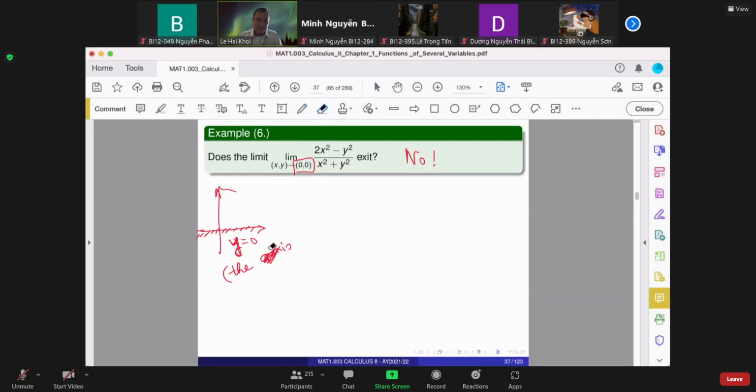The x-axis, I should write. So here should be the x-axis, which means y equal to 0. In this case, f(x, y) is 2x squared minus 0 squared over x squared plus 0 squared, which is 2x squared over x squared, which is 2.